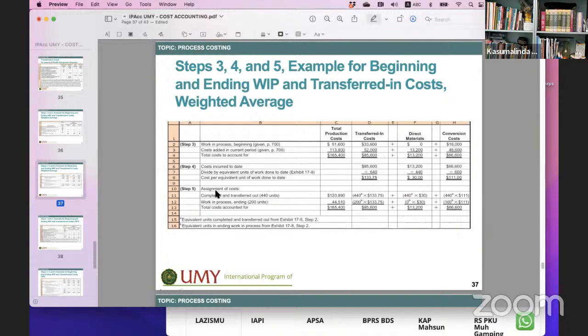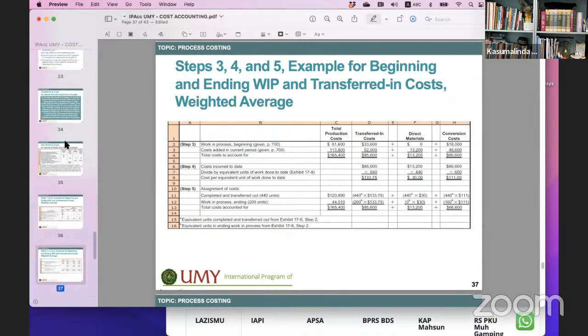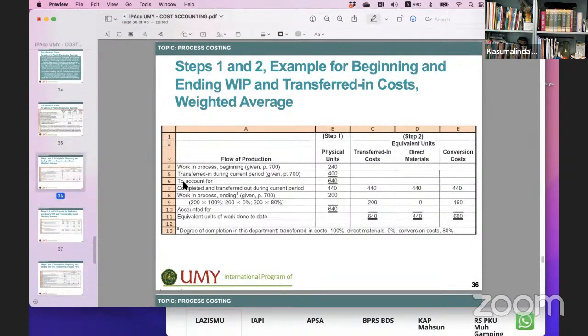Okay, and then the last part is to assign cost to completed and transferred out and the work in process. For each unit, we will multiply with the cost per equivalent unit. So where does this unit come from? Again, we need to refer back to the previous table that we prepared just now. This part, we got the calculations of equivalent units.